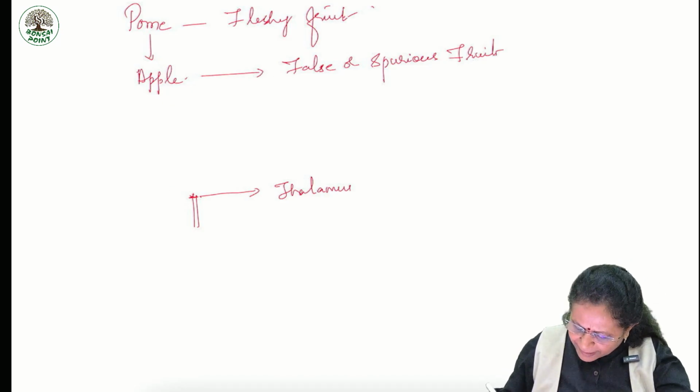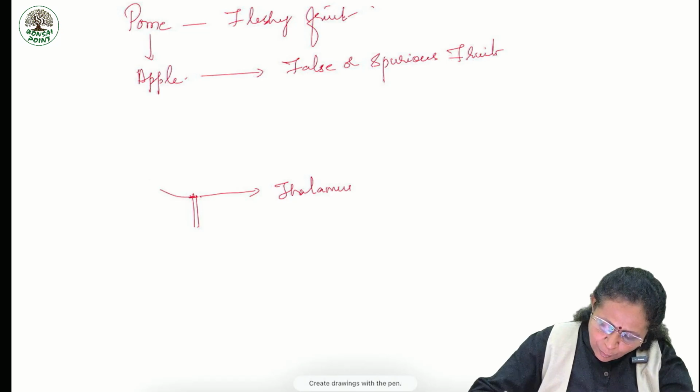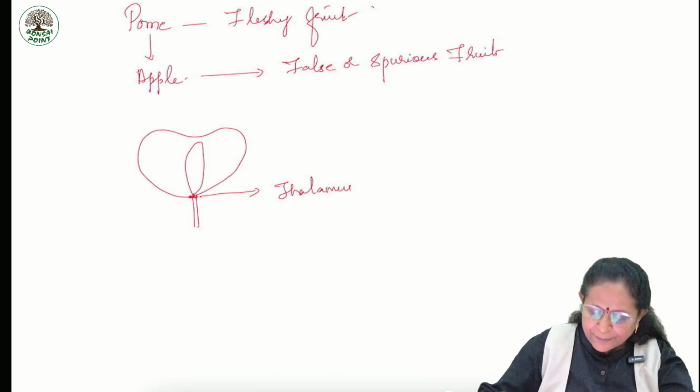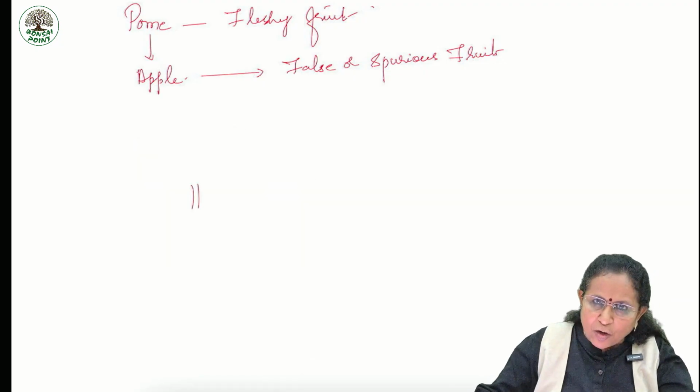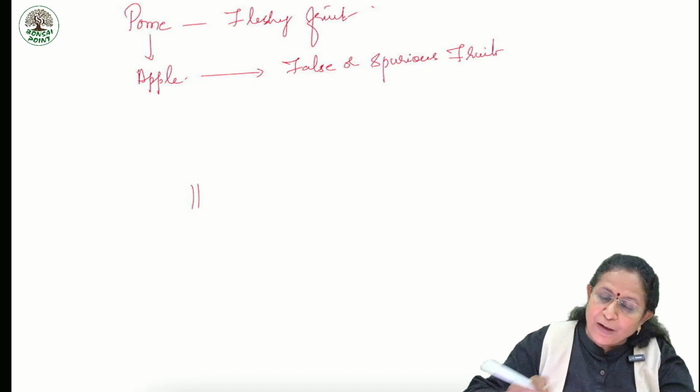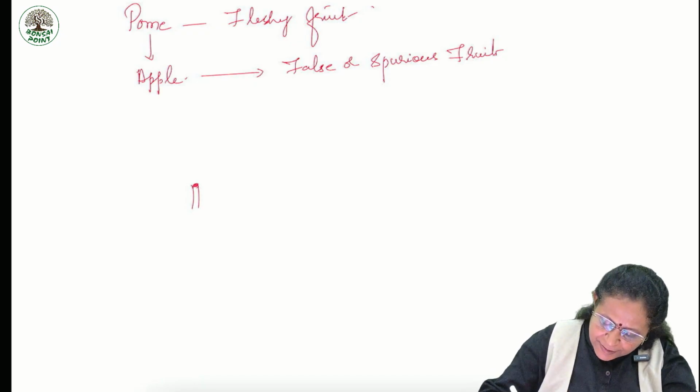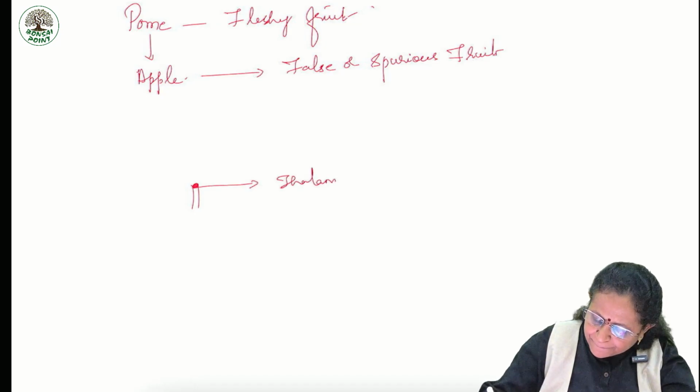Now, what happens is, this thalamus overgrows the ovary that is present inside. Let me show you the diagram. If this is the stalk of the flower of apple, this is the thalamus. And this is the ovary with number of ovules.